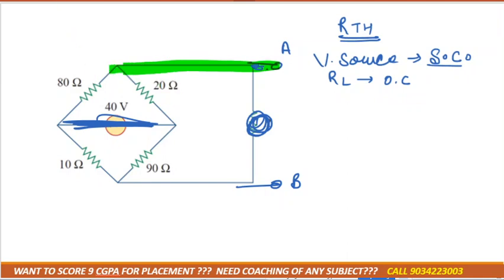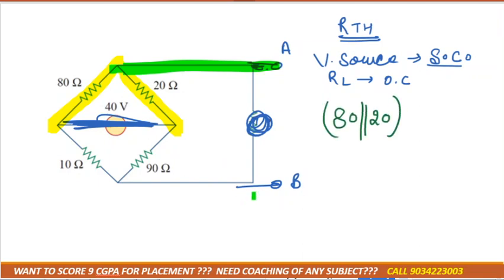Okay. So as you can see that this 80 and 20 are in series or in parallel. Path across 80 and 20 is same or different. So it would be in parallel, right? So it would be 80 parallel 20.